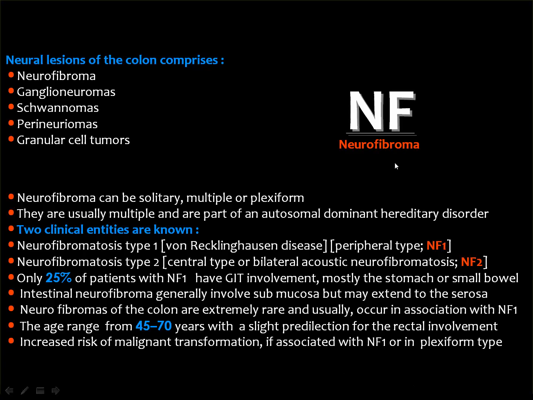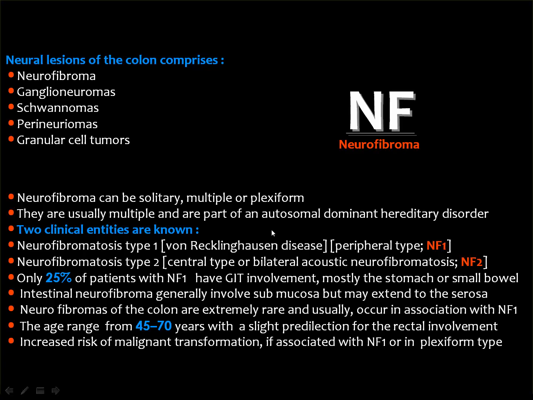Then we came to the neurofibroma, and the neurofibroma, as you know, may be solitary, multiple, or plexiform. The group of neural lesions include neurofibroma, ganglioneuroma, schwannoma, perineuroma, and the granular cell tumor that has been mentioned before.